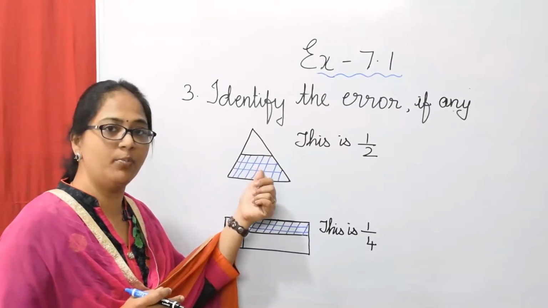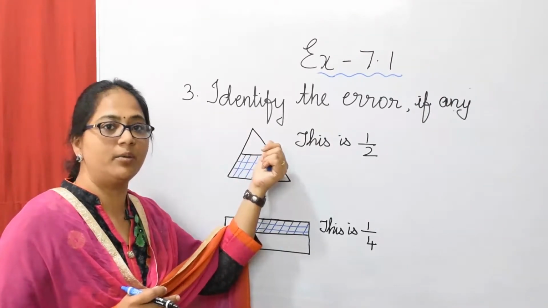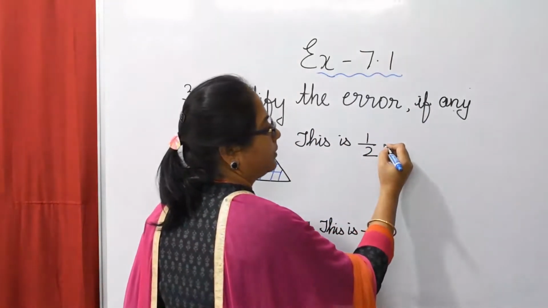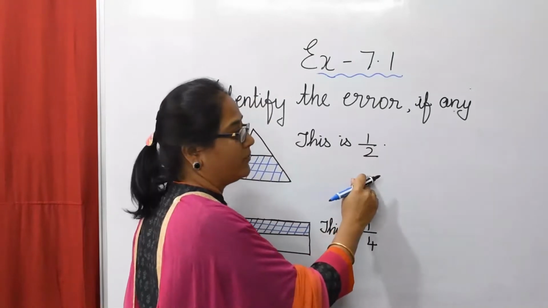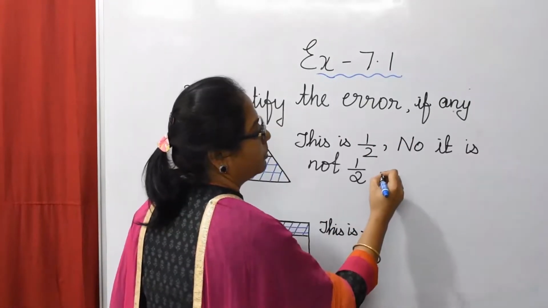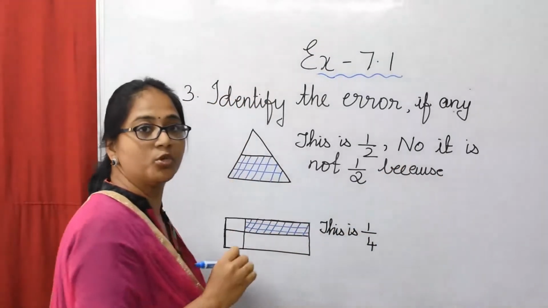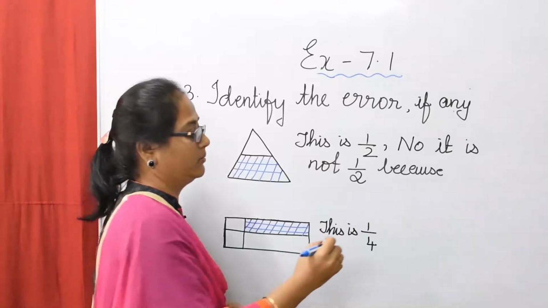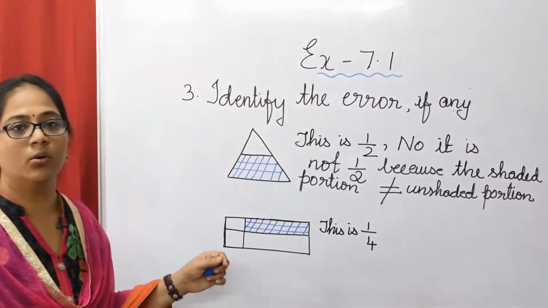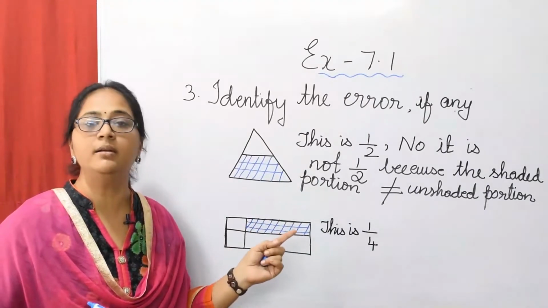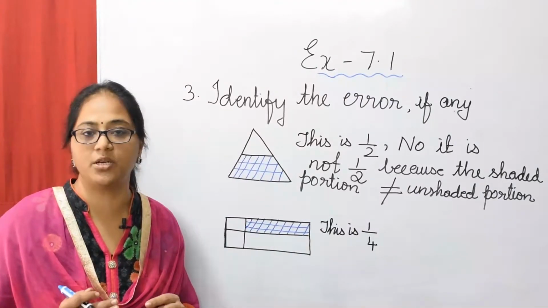Here they have given 1 by 2, but no, it is not 1 by 2, because the shaded part is not equal to the unshaded part.